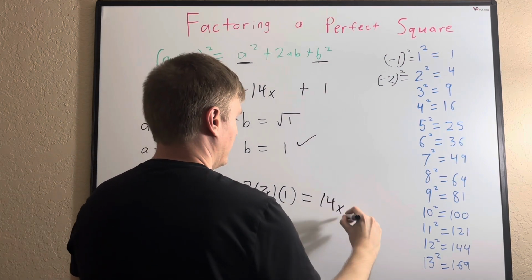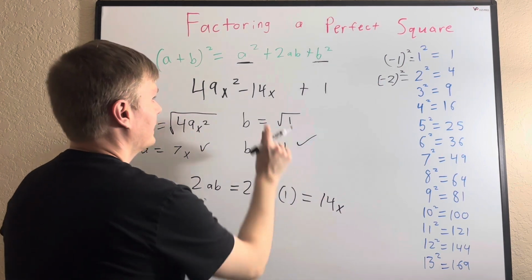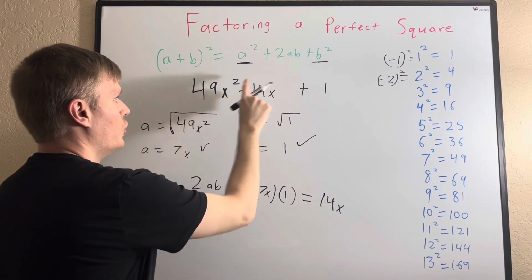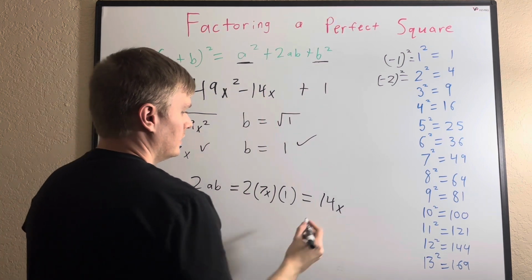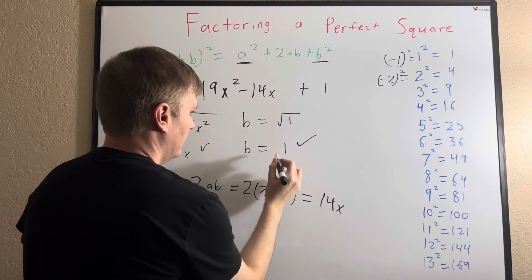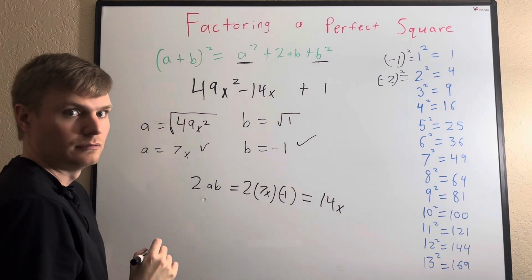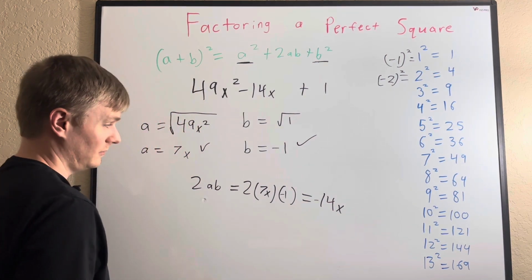And there's an x in there, times 1. Leave it the same. 14x, is that the same? No. Got to remember that sign. So something has to be negative in here. Why don't we just make it b? Always make it b.